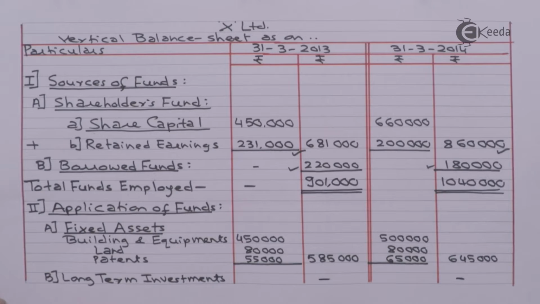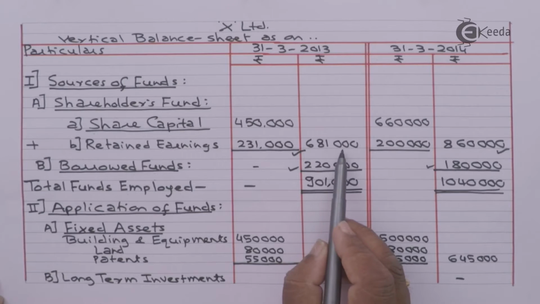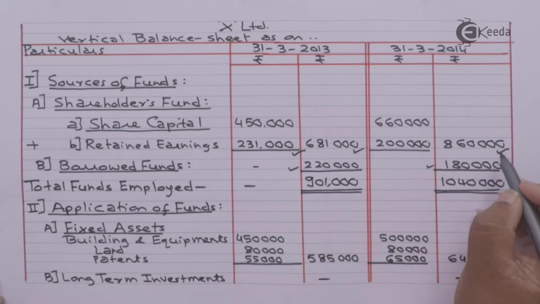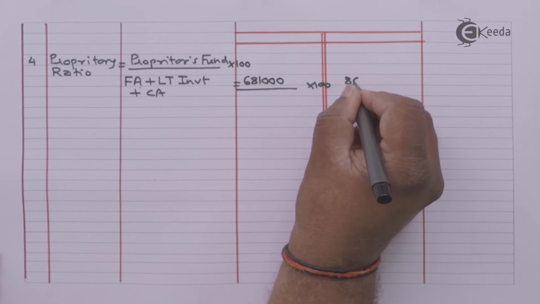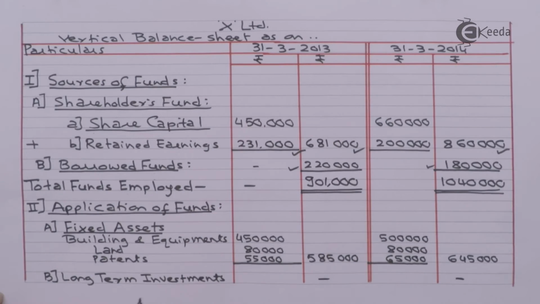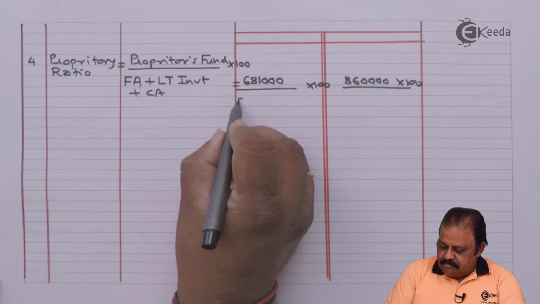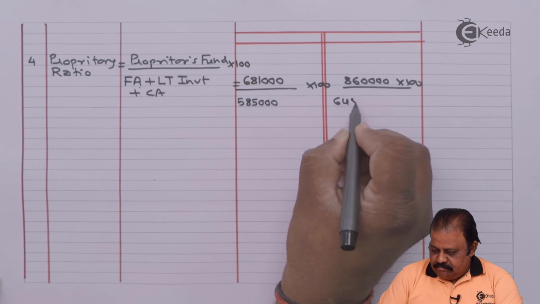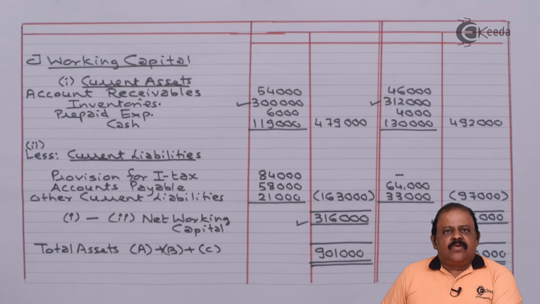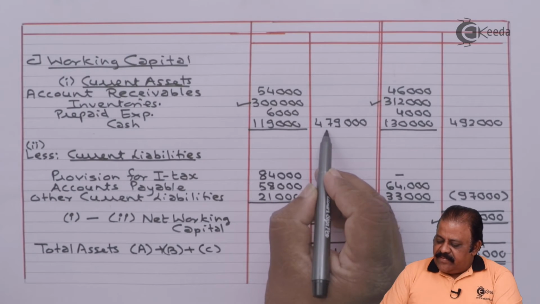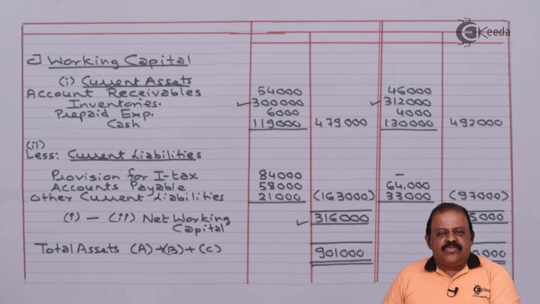For first year shareholders fund, that is proprietor's fund, amount is 6,81,000. For the second year it is 8,60,000. For first year fixed assets 5,85,000, second year 6,45,000. Plus long-term investments, but in this question there are no long-term investments. Next, plus current assets 4,79,000, 4,92,000.